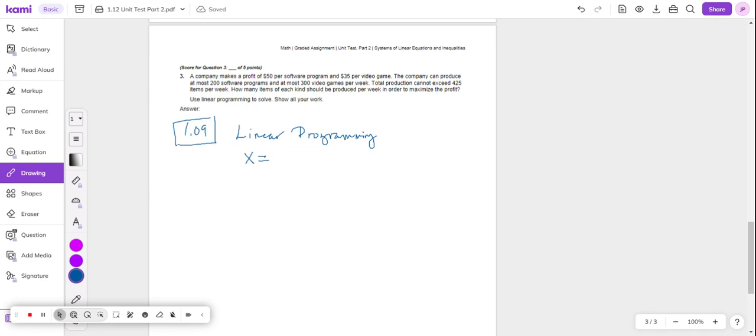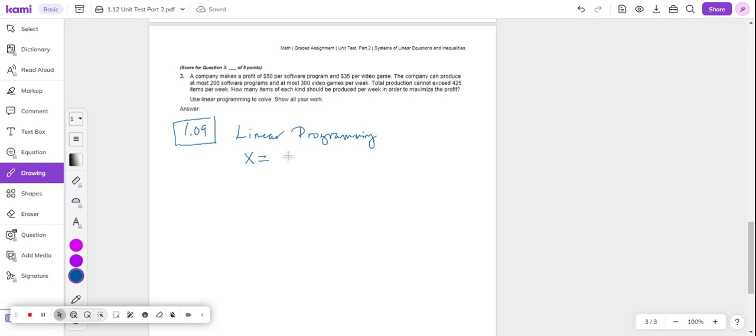I did it in order as it comes in the problem. I just went in order. It really doesn't matter what you let X or Y be. It just makes more sense for me to go from left to right as it tells us in the problem.